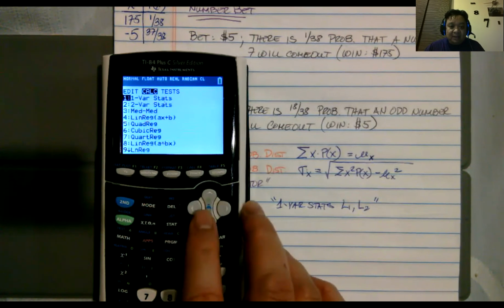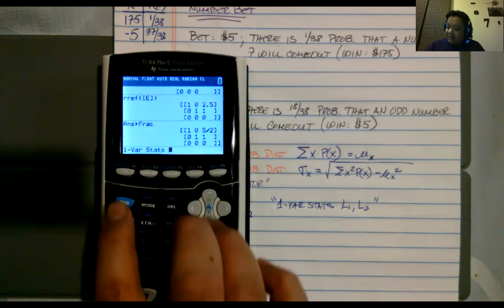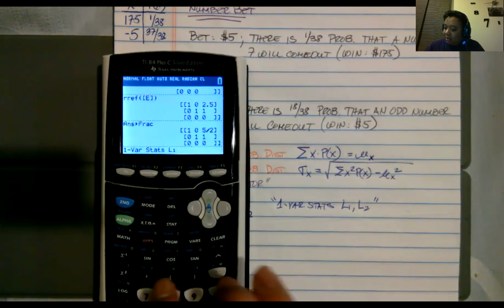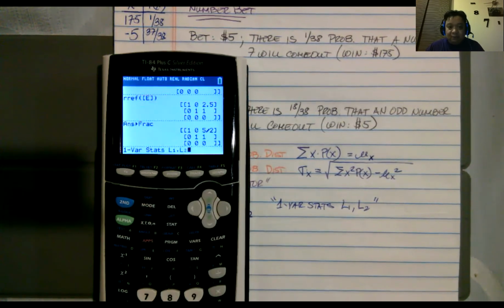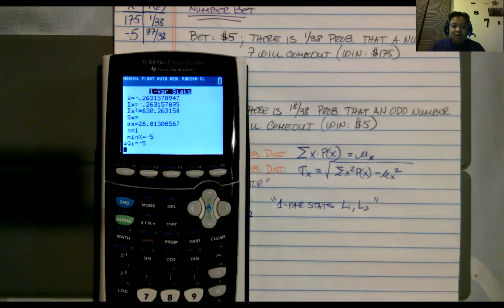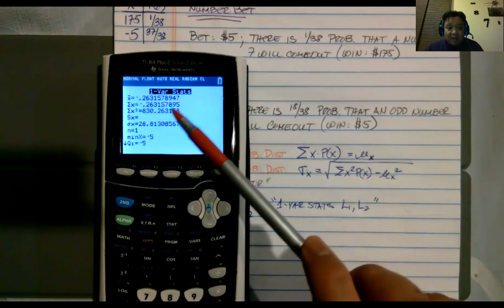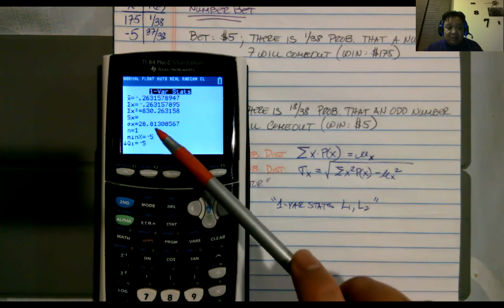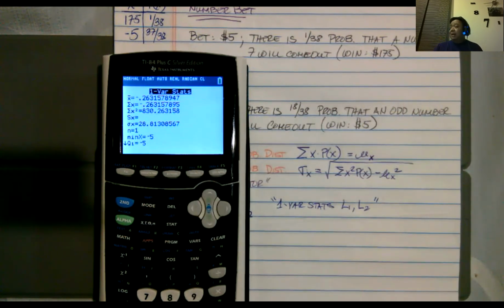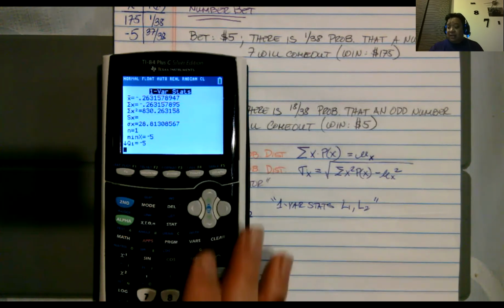So you go to calculate, and then second L1, comma, second L2. Right? And then since we are talking about money, there's my mean. There is my standard deviation. Since we are talking about money here, the mean is money and the standard deviation is money. Let's round to 2 decimal places.